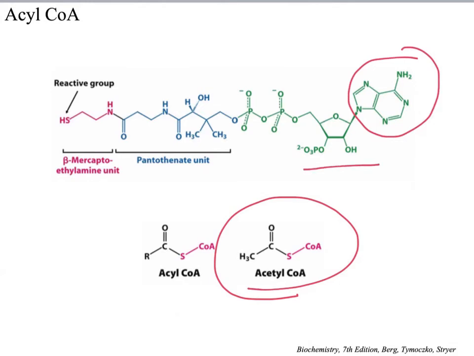We have this pantothenate unit and a beta-mercaptoethylamine unit. Now, acyl groups are important constituents both in catabolism, in the oxidation of fatty acids, and anabolism, because they're used in the synthesis of membrane lipids. Acyl groups are linked to coenzyme A by a thioester bond. This is your thioester bond.